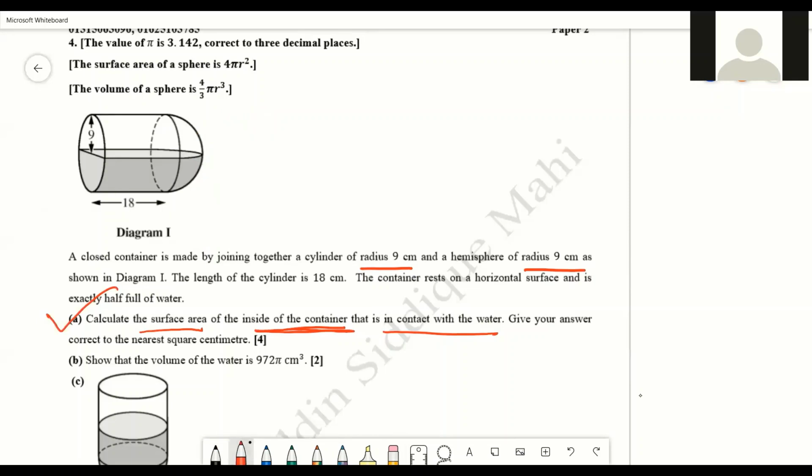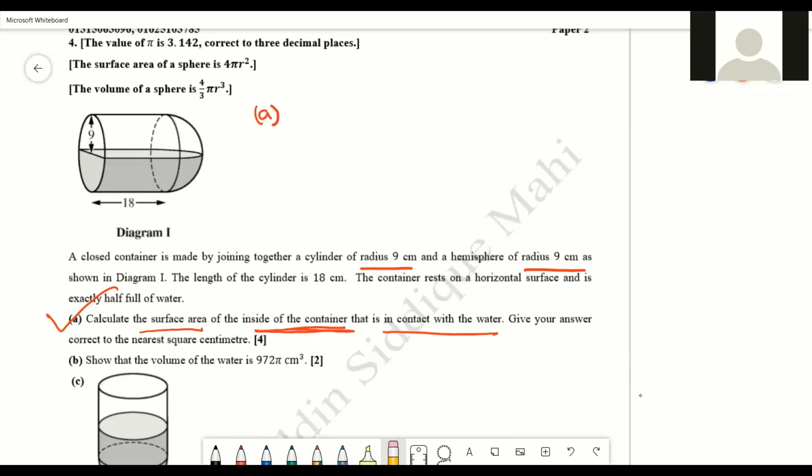as this is a combined structure, a combination of a cylinder and a sphere, we have to use the formula for the cylinder and the sphere to find the area in contact with the water. So you need to know the formulas for this structure.